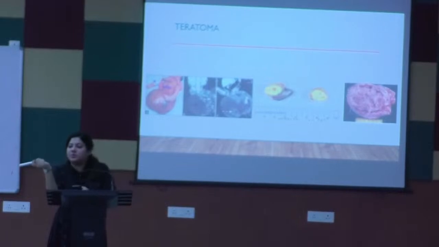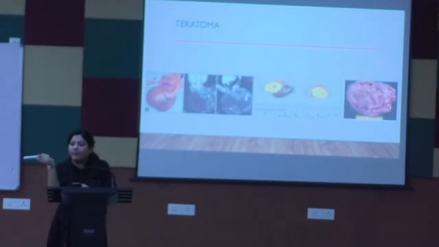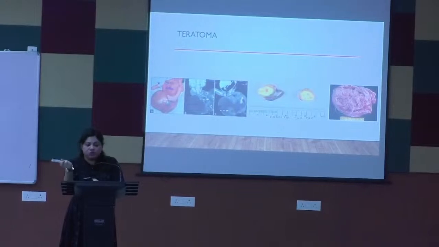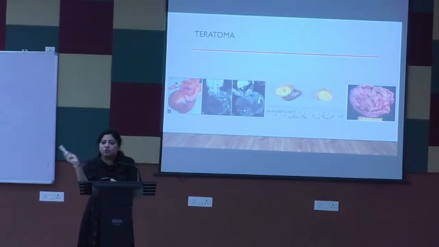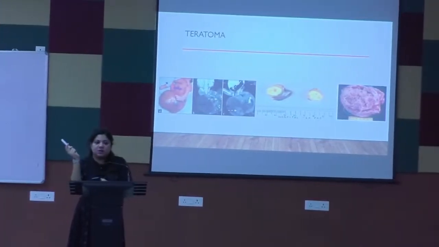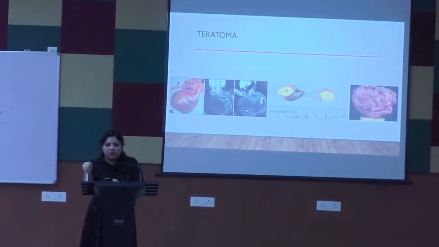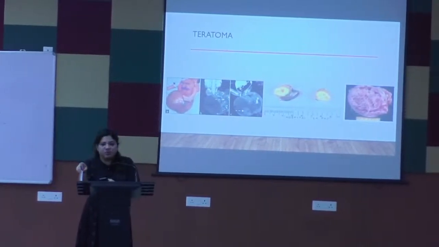Do you know what is found in benign teratoma? Teratoma is a kind of tumor where all kinds of tissue are present. Like epithelial tissue will be present, mesenchymal tissue will be present, neural tissue will be present. Right? 3 kinds of tissue will be present in teratoma.